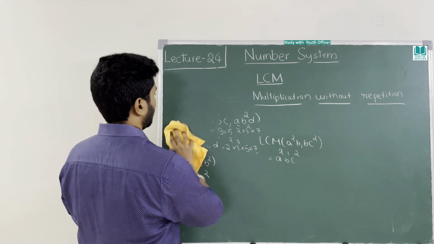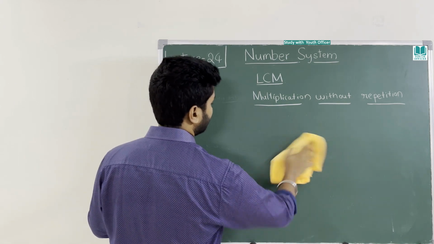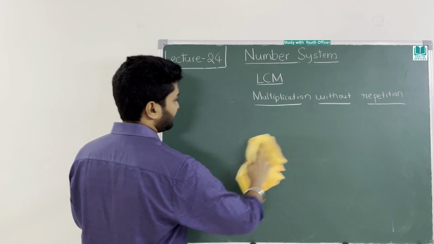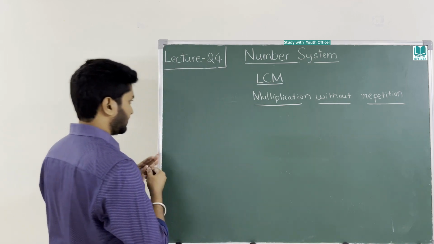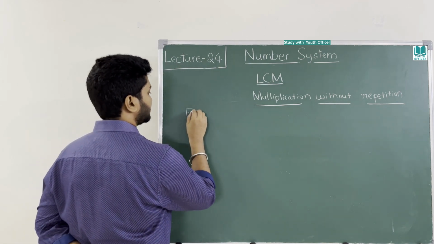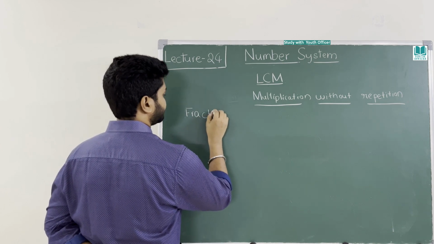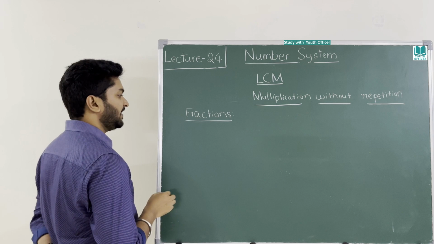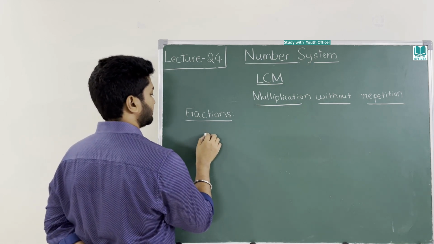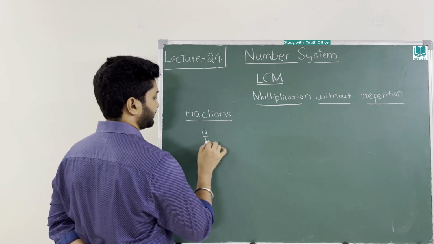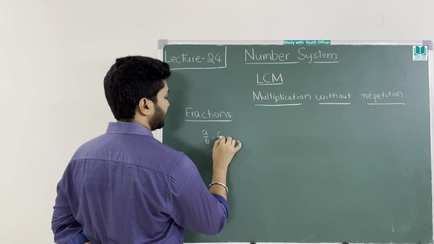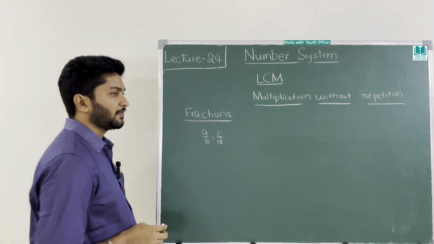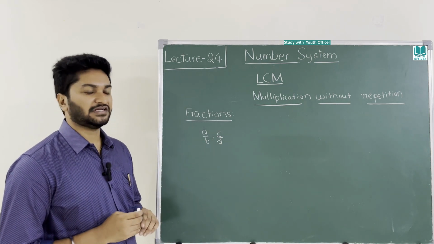Okay, LCM is not only for integers, you can even find it for fractions. Even for fractions also you can find it. How do you find it? If they give you, okay, some A by B, comma, C by D, two fractions, we are not adding those fractions.